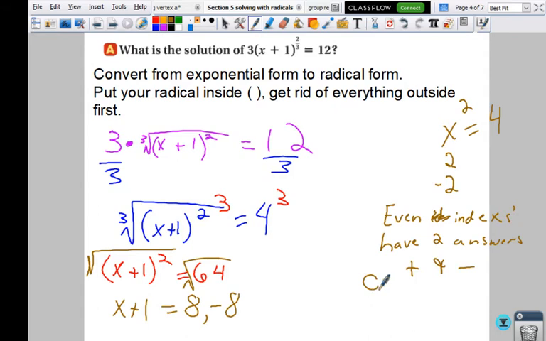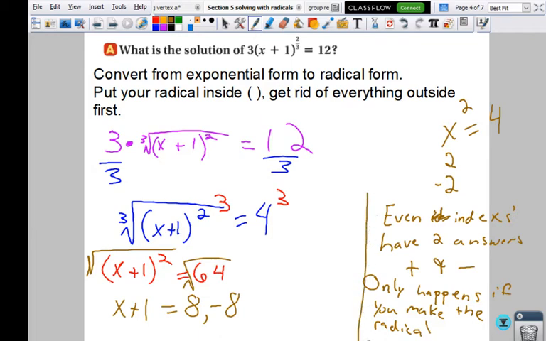So this only happens when you make the radical yourself. There's too much writing. Not enough numbers. Okay, keep that in mind as we go through this. If you have an even index and you make the radical yourself, you get 2 answers, a positive and a negative.